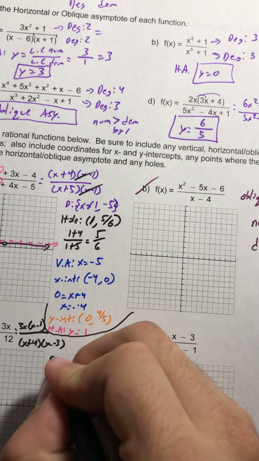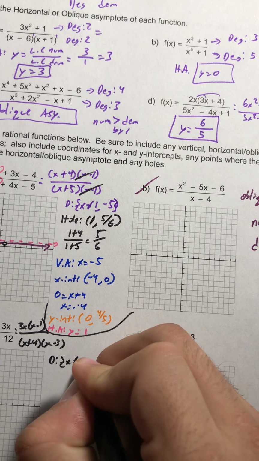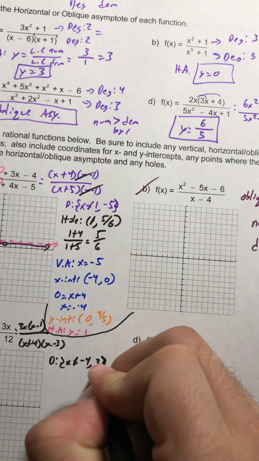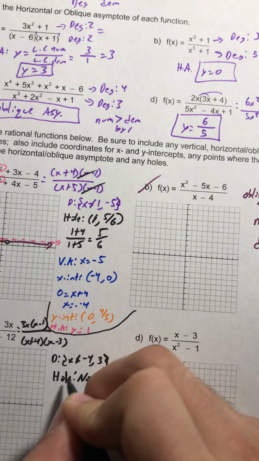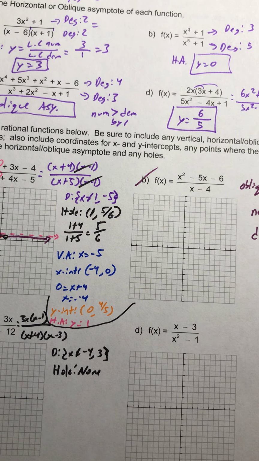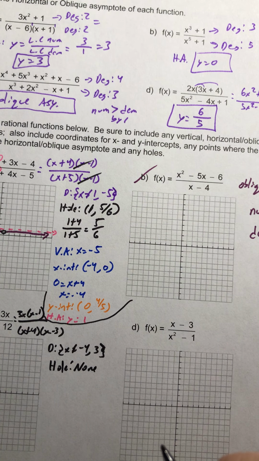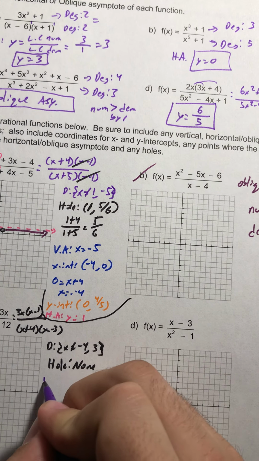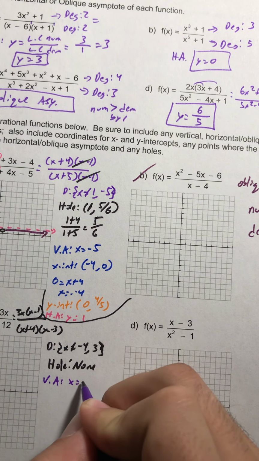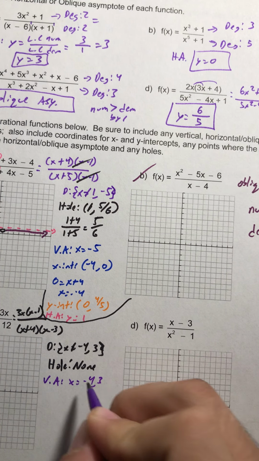So my domain, x can't equal negative 4 or 3. I don't have any holes because nothing cancels. So I don't have anything there. So that means that my vertical asymptotes are at x equals negative 4 and 3.